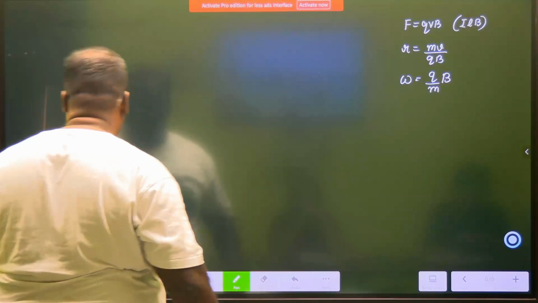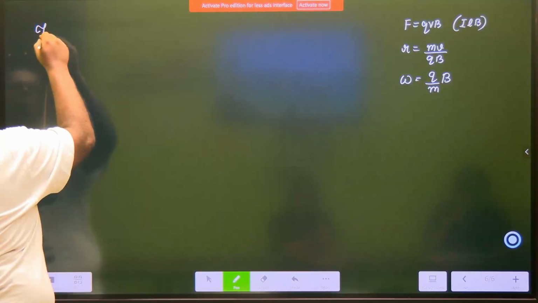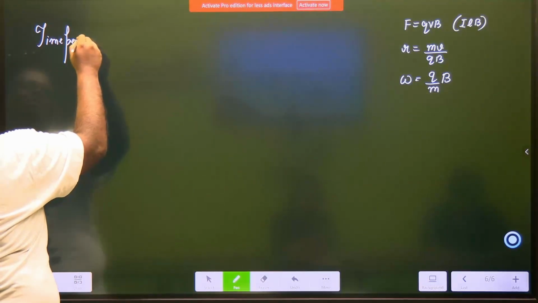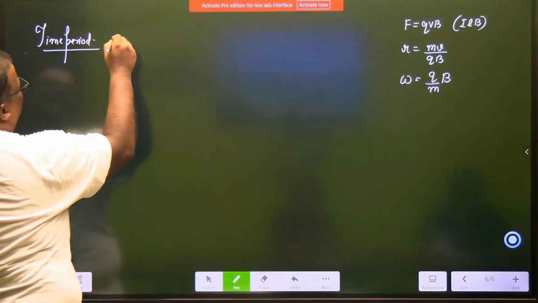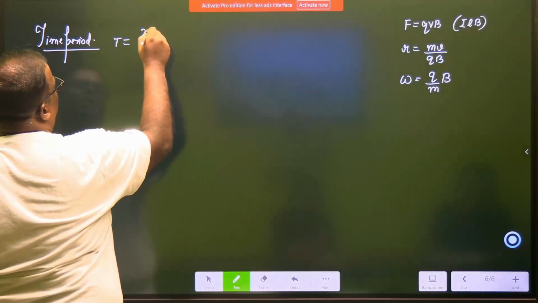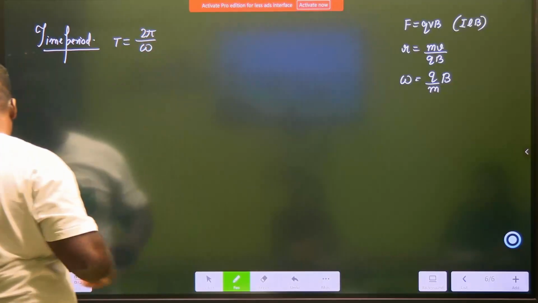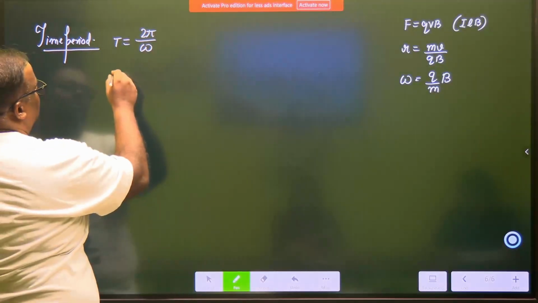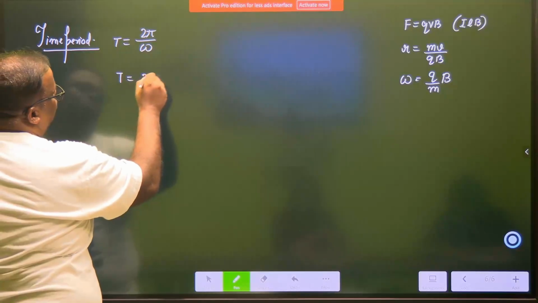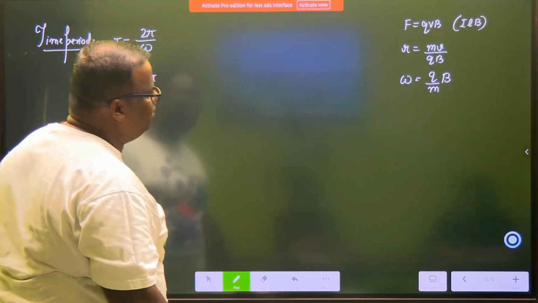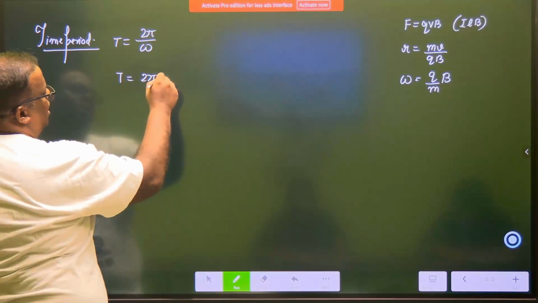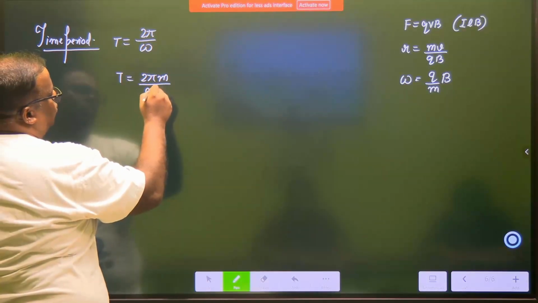Fine. Time for us now to calculate the time period. Again, all grade 11. T is equal to 2 pi by omega. So let's calculate. T is equal to 2 pi divided by omega, so into m by qB.